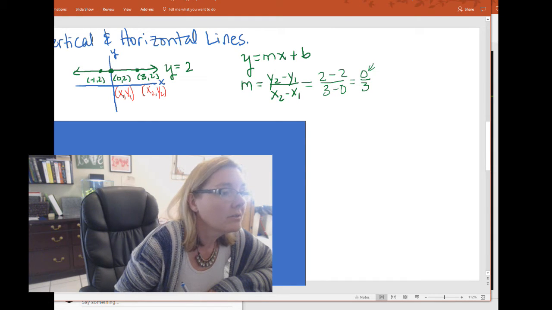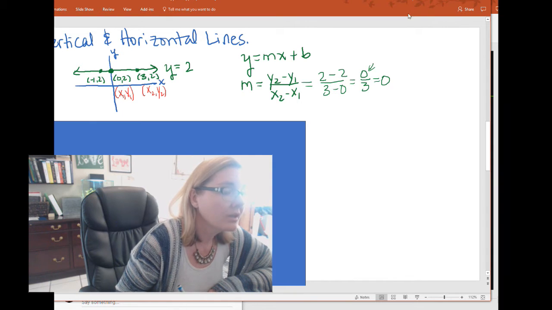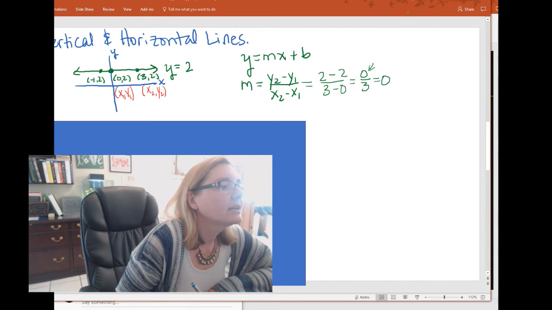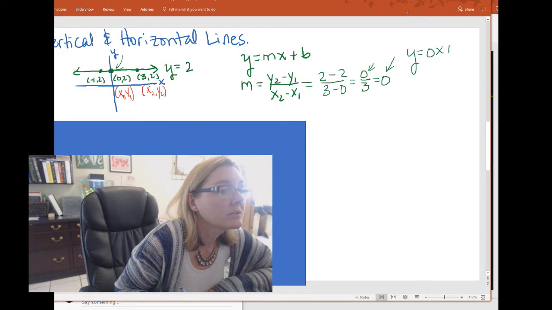And if you recall, 0 divided by a number is 0. So we're looking at a line that has a y-intercept of 2 and a slope of 0. If we were to use the y equals mx plus b format, y equals 0x plus 2. But of course we don't write 0x because 0 times anything is 0, so it's just going to be y equals 2.